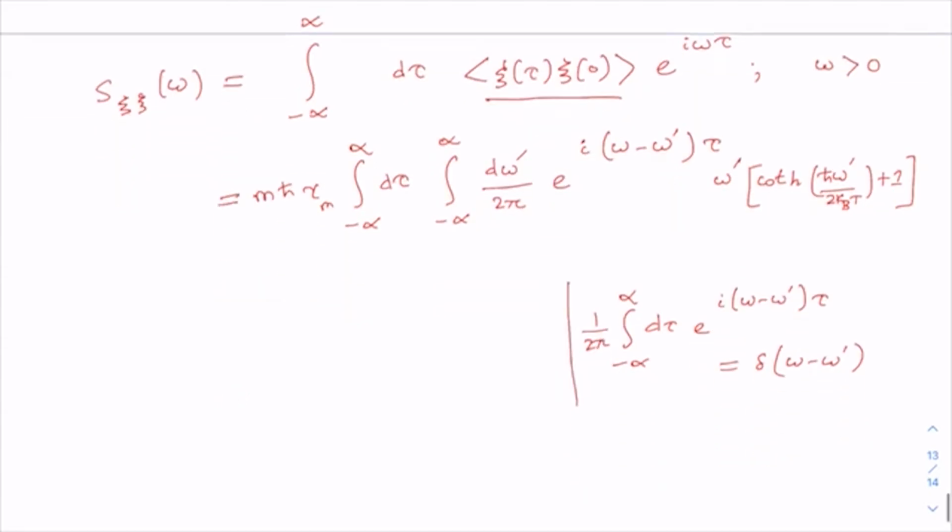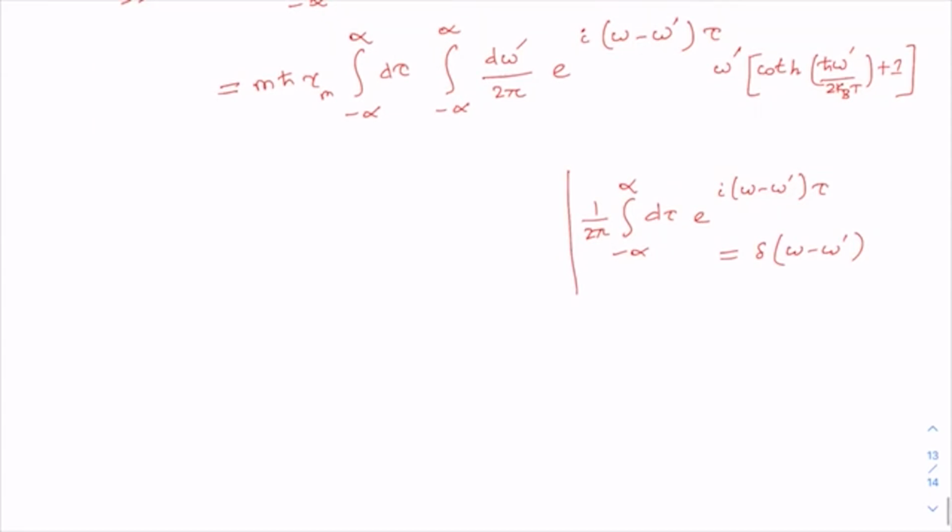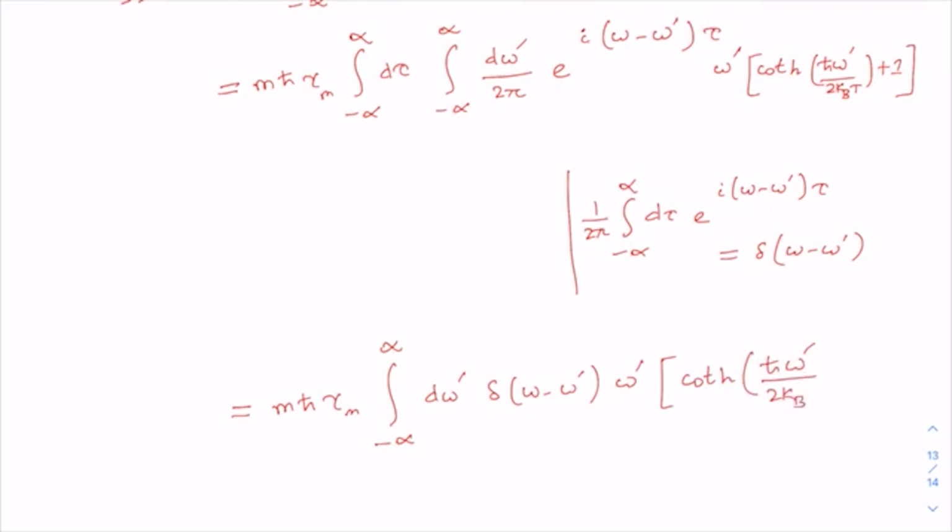Then I can write the whole thing as m h cross gamma m, integral from minus infinity to plus infinity d omega dash, delta of omega minus omega dash, times coth of h cross omega dash divided by 2 kB T, plus 1.